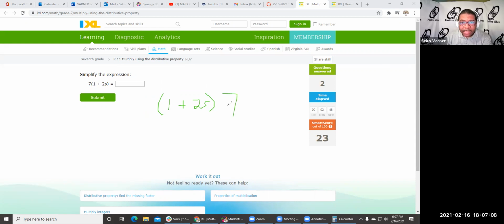It's the same thing. I'm still going to multiply it by this, and I'm going to multiply by this. In this case, it'll be 7 times 1 is 7, plus 7 times 2 is 14, and I'm going to bring down the s. So that is what the answer is going to be. I put the 7 on the front the first time, but you can also put it in the back.